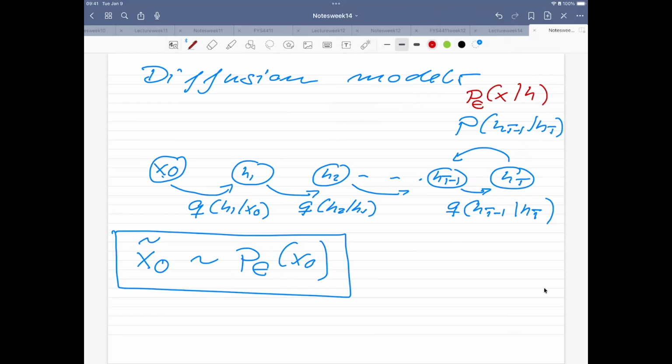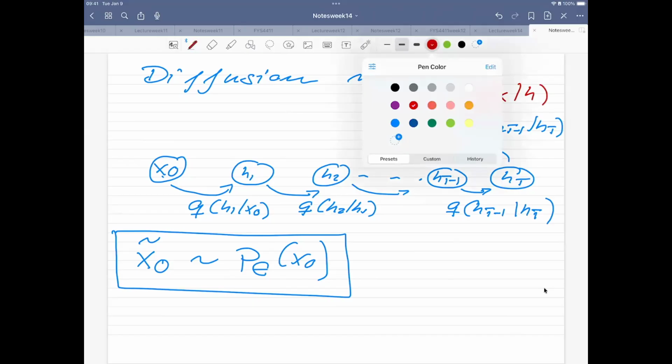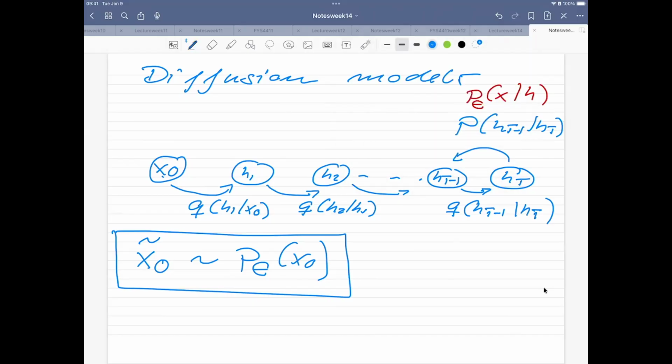So that means that when we now do this, we need to make new transformations all the way back to the final one. So we're going to have a P of theta, which links H1 with H2. And finally, we have a new P of theta, which links X0 with H1.